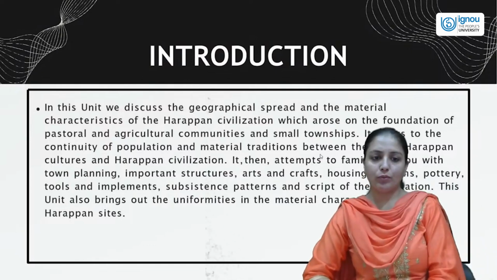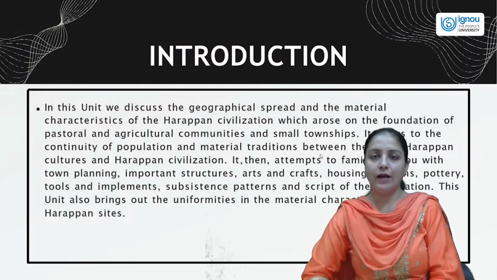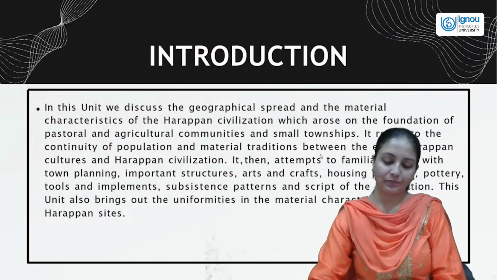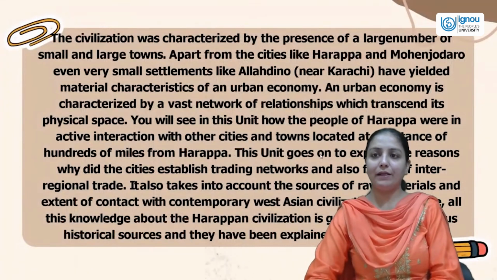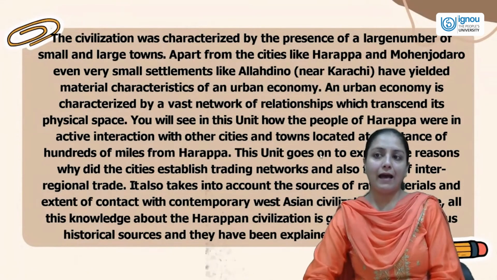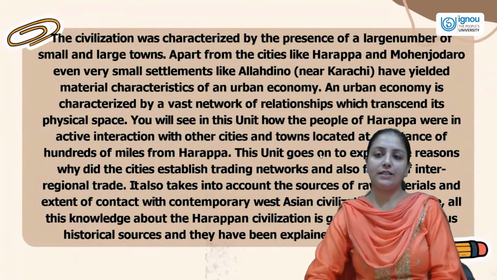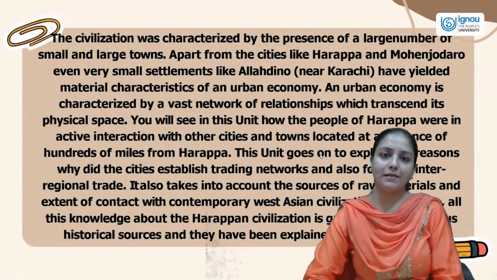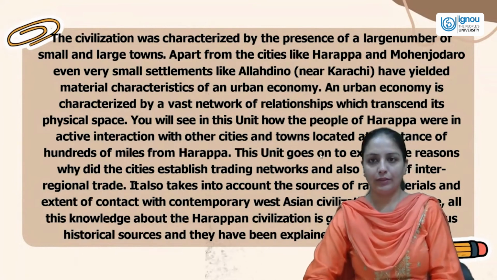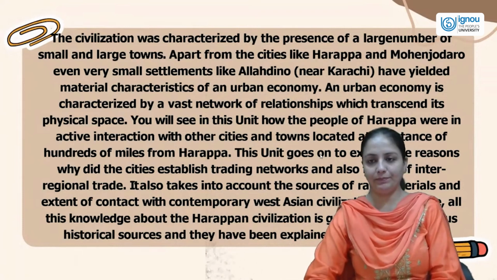This unit also brings out the uniformities in the material characteristics of Harappan sites. The civilization was characterized by the presence of a large number of small and large towns. Apart from cities like Harappa and Mohenjo-daro, even very small settlements like Allahdino near Karachi have yielded material characteristics of an urban economy.